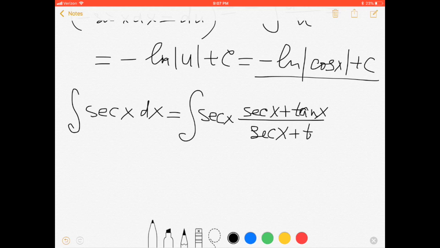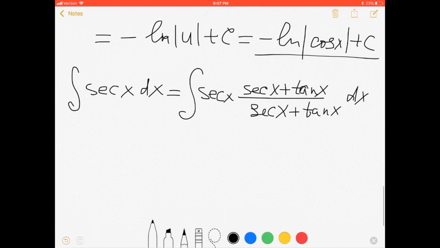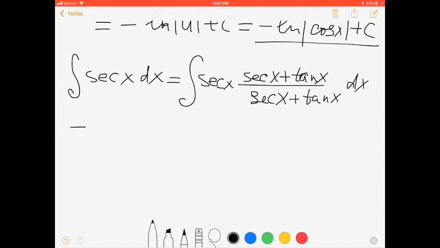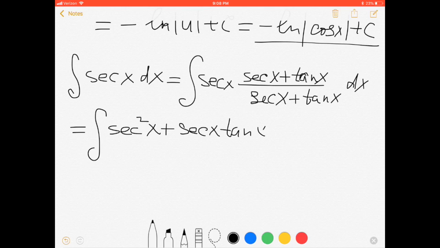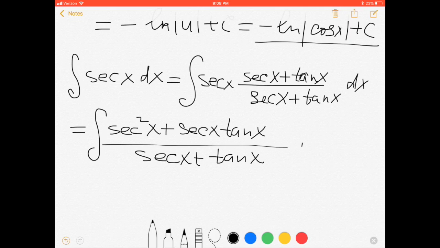If I multiply and divide by the same thing, nothing changes. Now my numerator is secant squared x plus secant x tangent x, and my denominator is still secant x plus tangent x, dx.